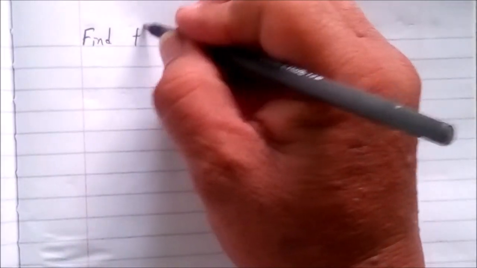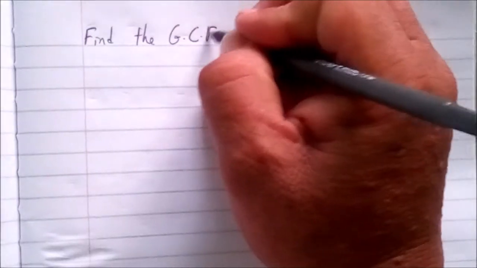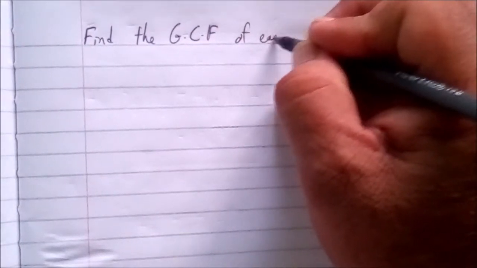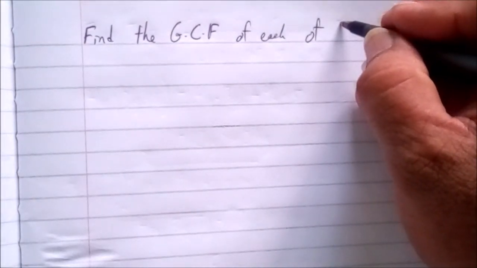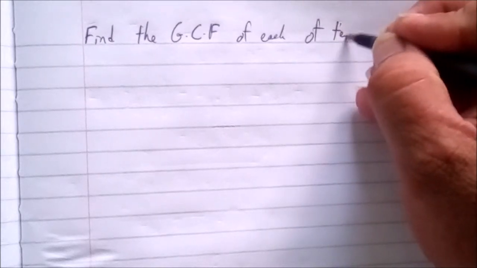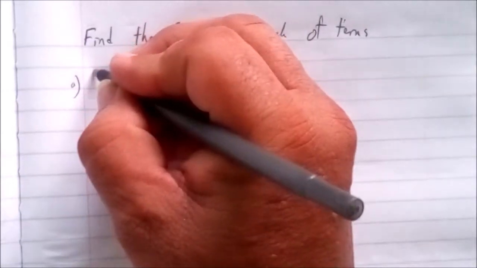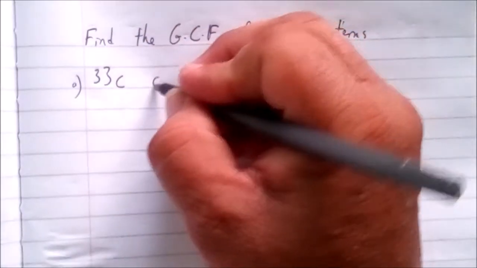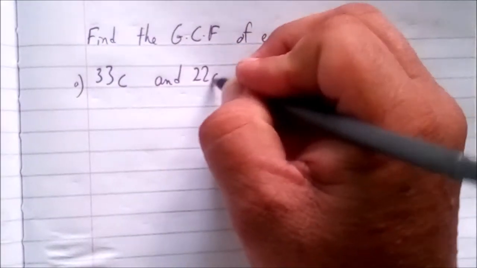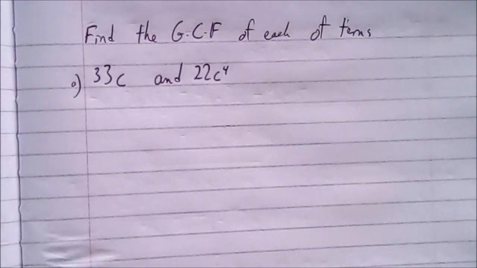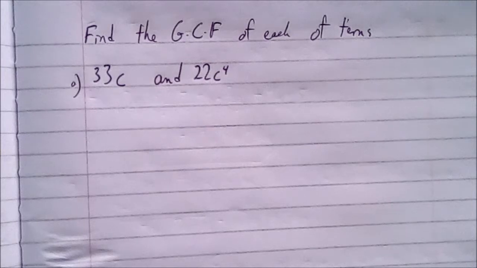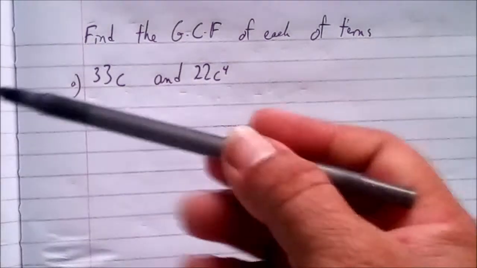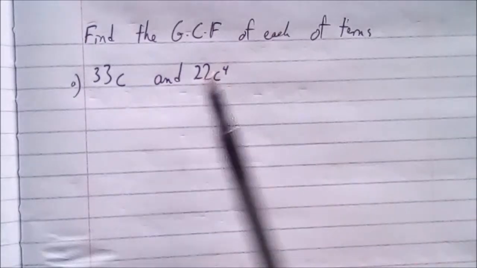Find the greatest common factor of each of the terms, and I tell you that this is 33c and 22c to the fourth. Don't get frightened, this is not COVID-19, this is just simply maths. We'll make math very simple. So how do we do that? Again, you work out the same way. Remember, we did the ladder method to get the numbers, so let's do them piece by piece.